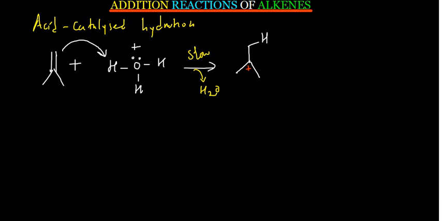Now when we have got this, remember we still have water in this reaction which was produced. So the water which we have will again get to react. It's going to attack now the carbocation, and this water molecule is going to attach at that end. So what we are going to see, we're going to have something like this.